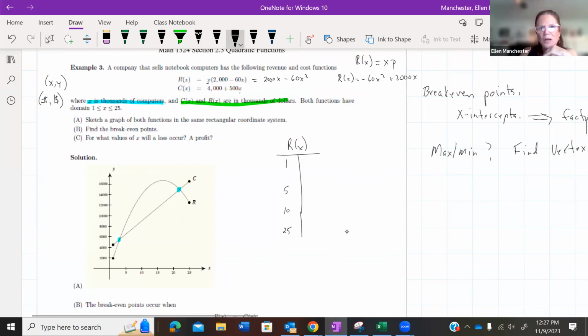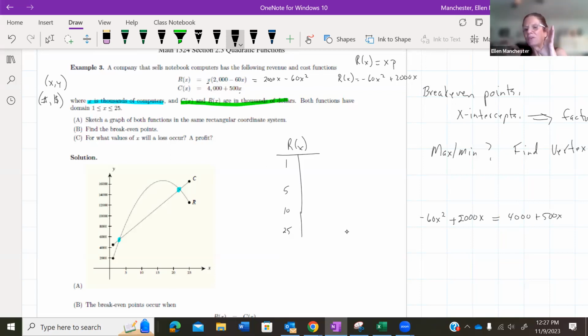So back to the word problem. We have our revenue, we have our cost, and now we want to find our break-even points. Remember, the break-even points is when the revenue equals the cost, right? So we're going to do our revenue equals the cost function.